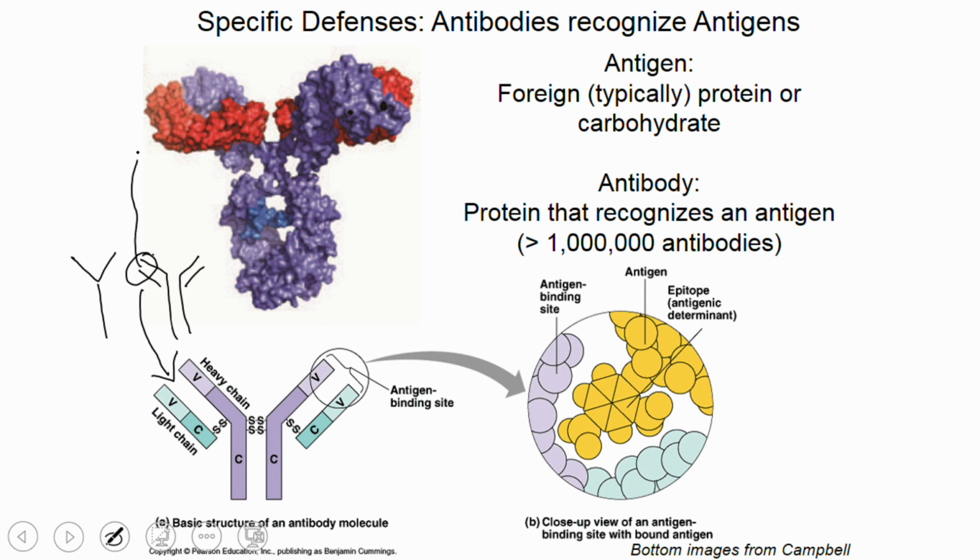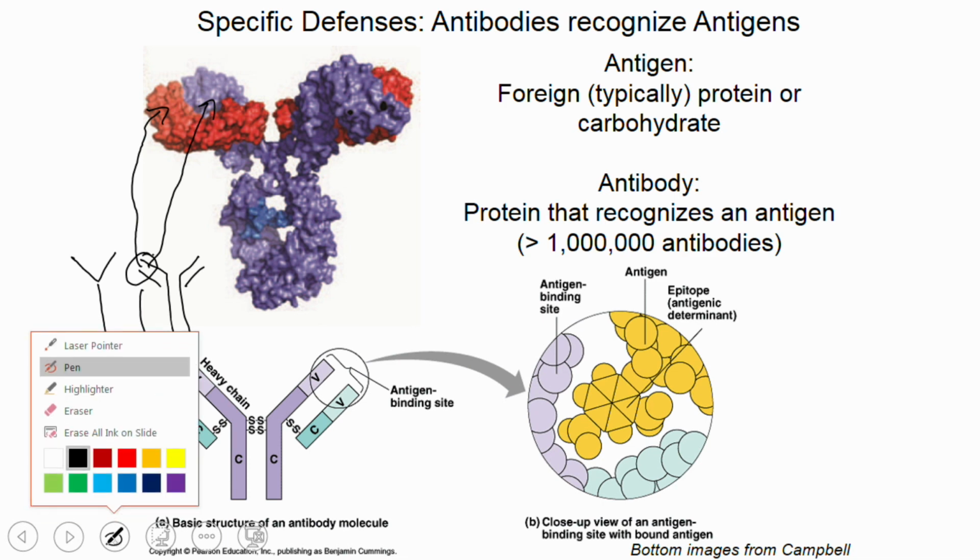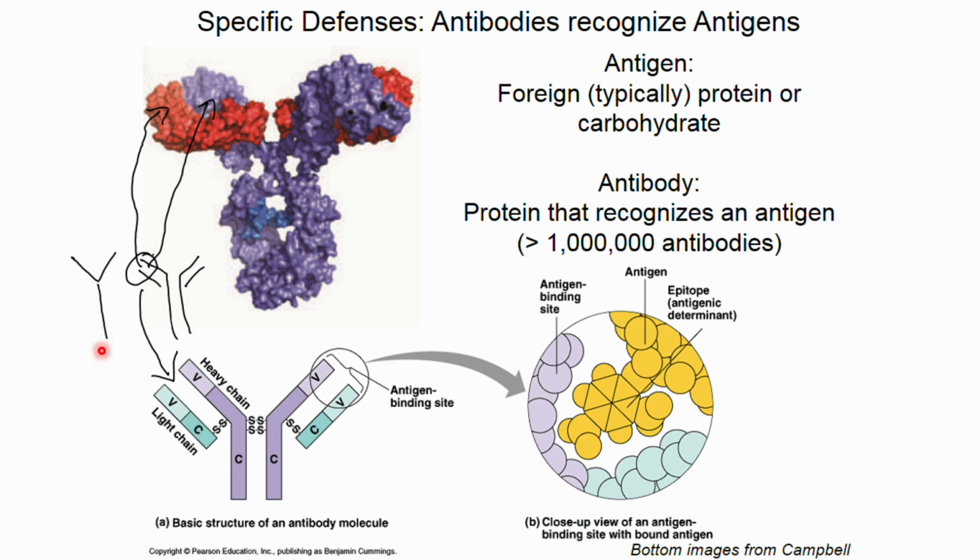This right here is the red, and the larger one here is the blue. An antibody is formed from a heavy chain and a light chain, and actually 2 heavy chains, 1, 2, and they're bound to light chains.